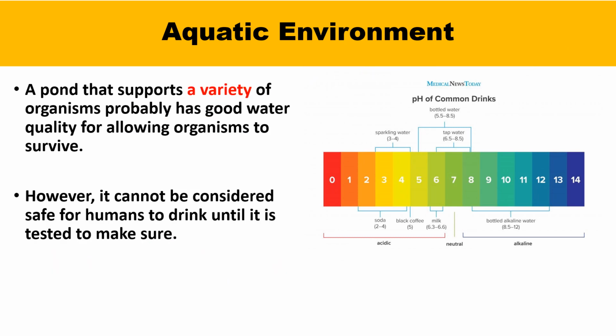Although there are more factors than acid, temperature, or any type of biological indicator, in the complex ecosystem of water undergoing a water quality check, one thing I will tell you is a pond that supports a variety of organisms generally tends to have good water quality, or a neutral pH. However, it cannot be considered safe for humans to drink until it's tested to make sure there are no bacteria.